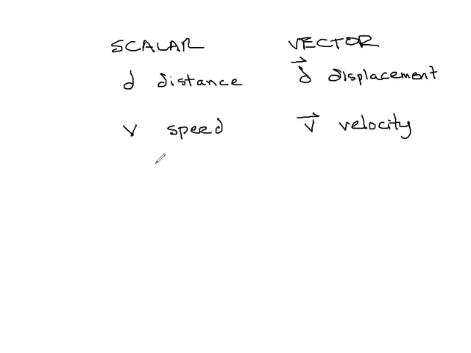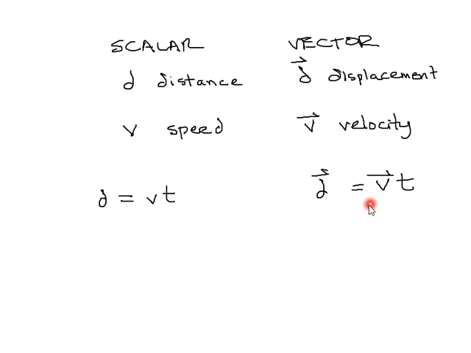Now the formulae for these are only different in whether they're scalar or vector. So you have the formula D equals VT. This, because it doesn't have any arrows on it, is the scalar version. It says the distance you covered equals your speed multiplied by time. If you put vector arrows on it, you get displacement equals velocity multiplied by time.